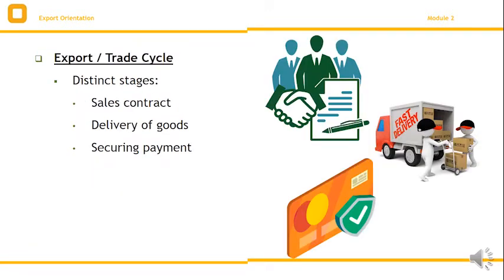Let's look at a brief overview of the export or the trade cycle. There are three distinct stages: a sales contract, delivery of goods, and securing of payment.